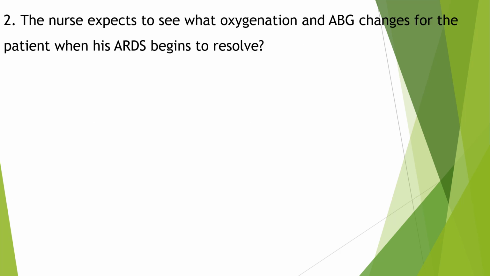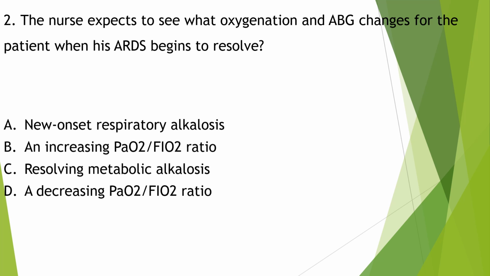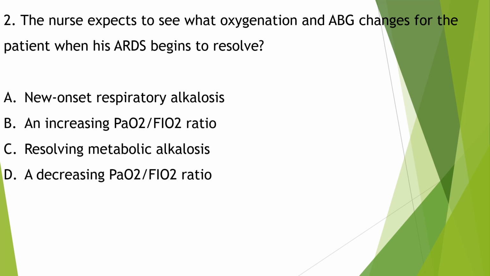The nurse expects to see what oxygenation and ABG changes for the patient as his acute respiratory distress syndrome begins to resolve: new onset respiratory alkalosis, an increasing partial pressure of oxygen and FiO2 ratio, resolving metabolic alkalosis, a decreasing partial pressure of oxygen and FiO2 ratio. So the patient is getting resolved from his acute respiratory distress syndrome.